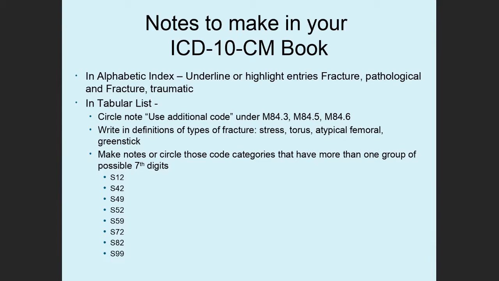You can highlight, you can circle, whatever works for you. Now, in the tabular list, you want to make notes for those categories where there is more than one possible 7th digit. And here's a list of those: 12, 42, 49, 52, 59, 72, 82, 99. You also want to circle the note, use additional code, under M84.3, M84.5, M84.6.